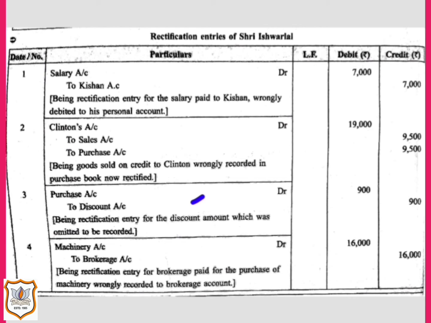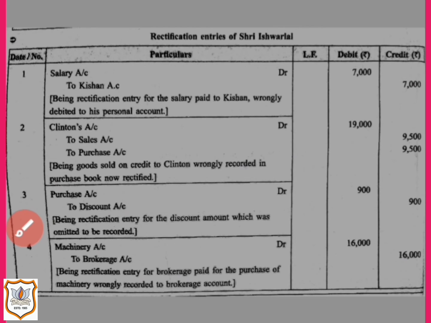And on that, we will calculate 5% cash discount. So 5% of 18,000 is 900. So that is the amount of cash discount. So our rectifying journal entry would be purchase account debit to discount account, amount 900. Now let us see the next entry.